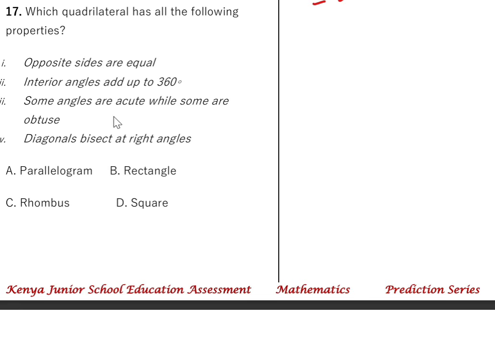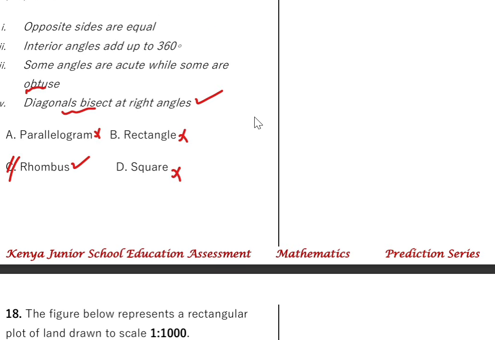And therefore, some angles are acute while others are obtuse. So when you see obtuse, it cannot be a rectangle and also not a square. The remaining two are parallelogram and rhombus. So the only quadrilateral whose diagonals bisect at right angles is a rhombus, not A. And therefore, the answer is C. For a rhombus, diagonals bisect at right angles. So the answer is C.